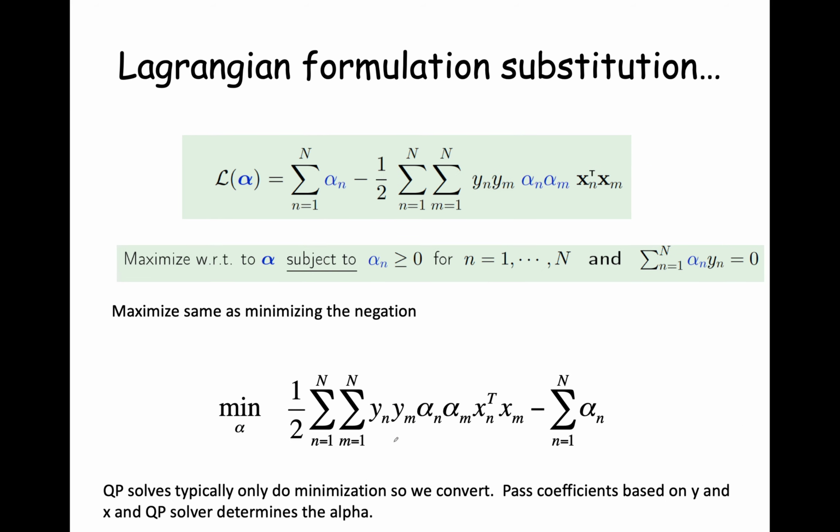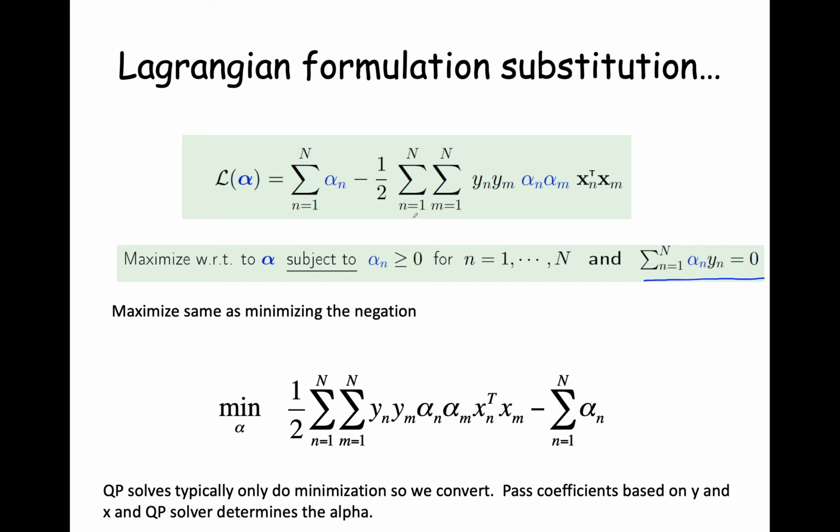Okay. So this is our dual formulation, and this is our form. We're going to maximize with respect to alpha, subject to two things: our constraint that we carried forward when we solved the primal formulation, and we're also going to ensure that these alphas are greater than or equal to 0, at least 0. So they're non-negative.